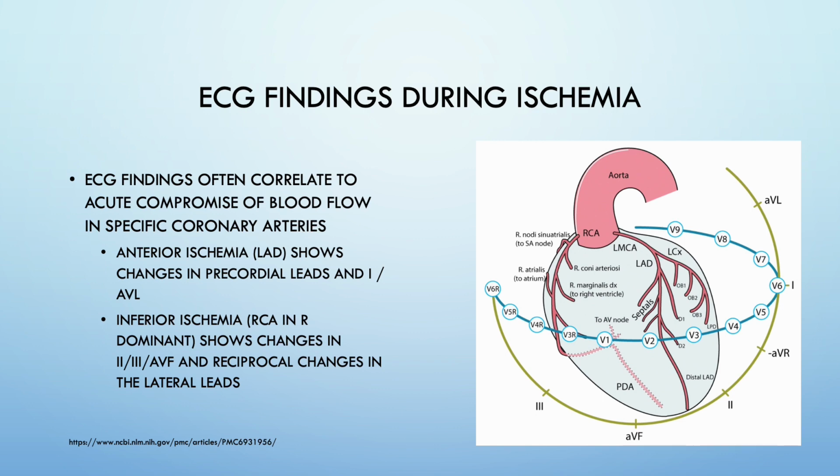So with anterior ischemia, when the LAD is the affected vessel, we can see changes in the precordial leads and lead 1 and aVL. When the heart experiences inferior ischemia, which can be the RCA in right dominant folks, and the circumflex in left dominant folks, changes can be seen in leads 2, 3, aVF, and then we can see reciprocal changes in the lateral leads.